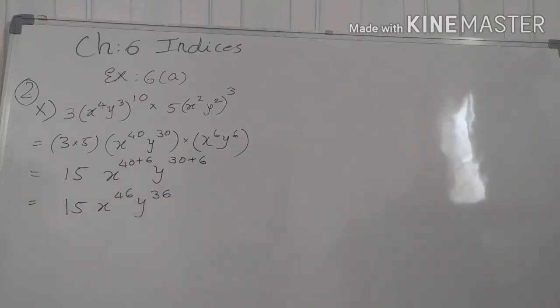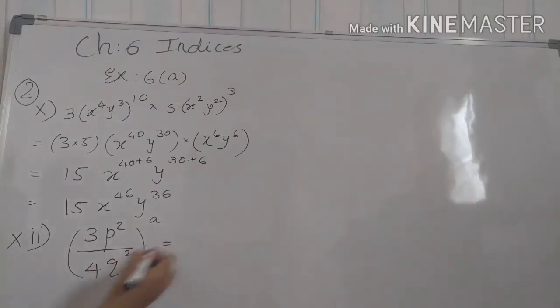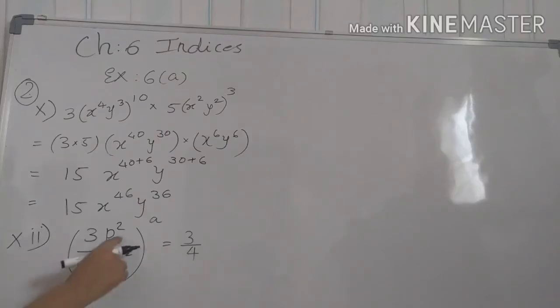Now let us take next question, that is question number 12 I am taking now. Here this is 3p square divided by 4q square whole raised to a. So this is somewhat different question. Here students, first of all we have to take 3 by 4, right? That is numerical coefficient, and p and q, that is different variables.